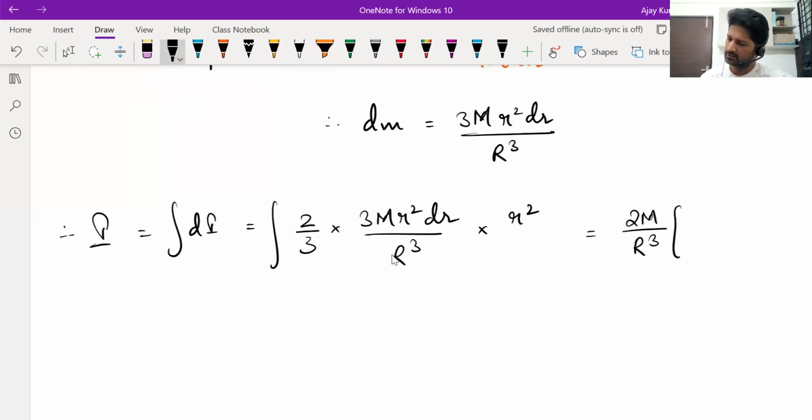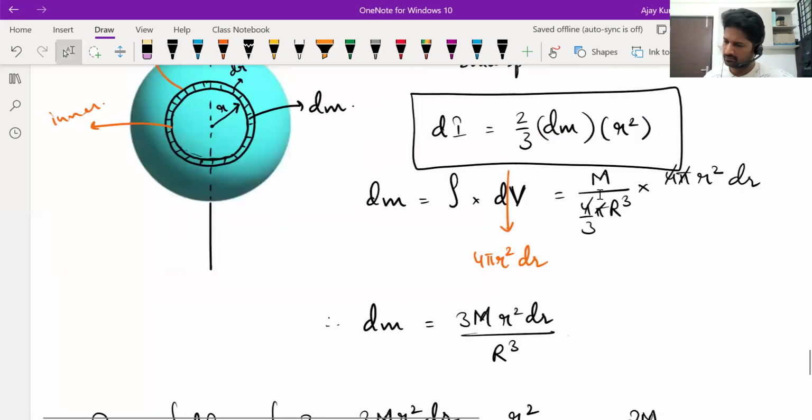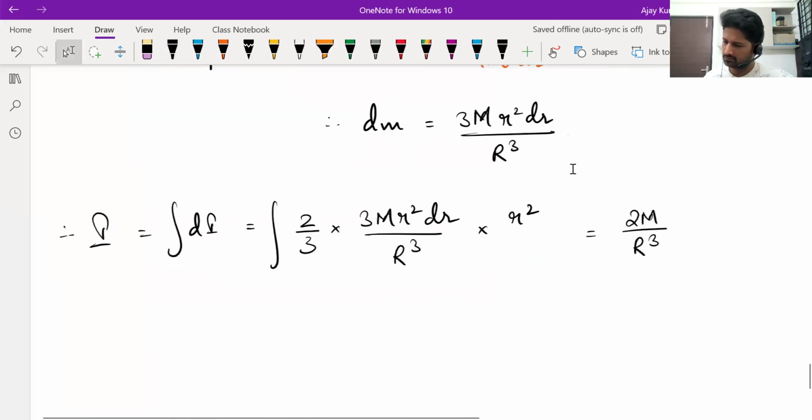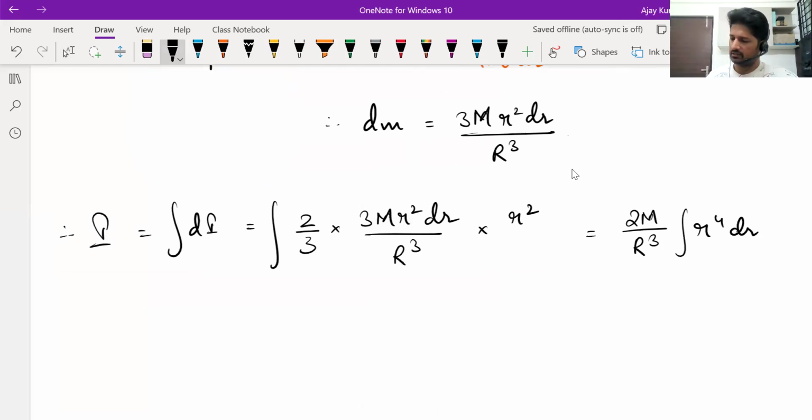And you will be left with integral r power 4 dr.